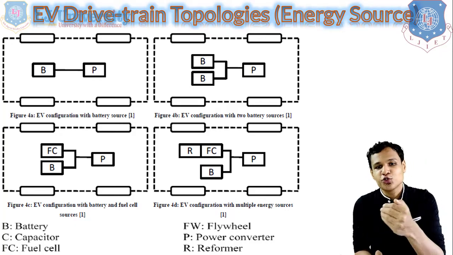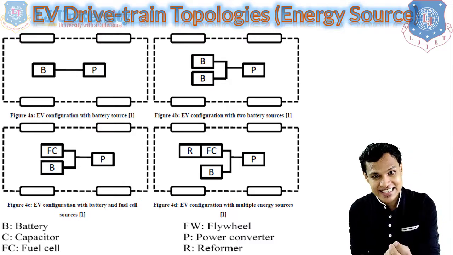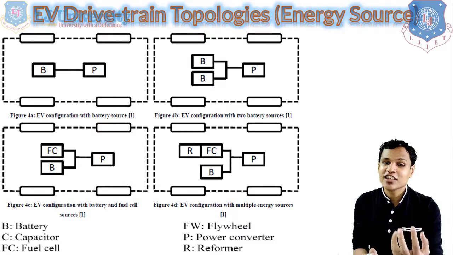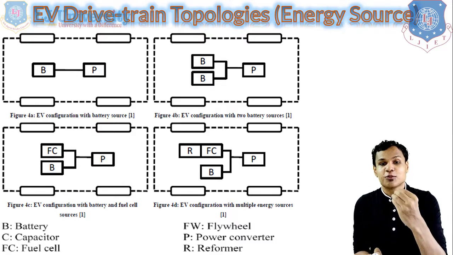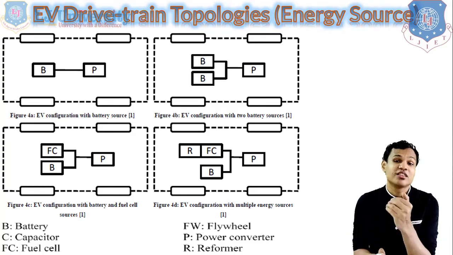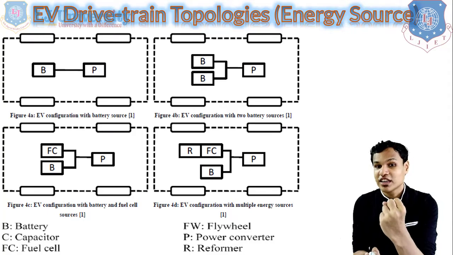If we are using 2 battery sources, then one battery source will have higher specific energy and one will have higher specific power. In electric vehicles, specific energy is much more important compared to specific power, because range is an important factor.